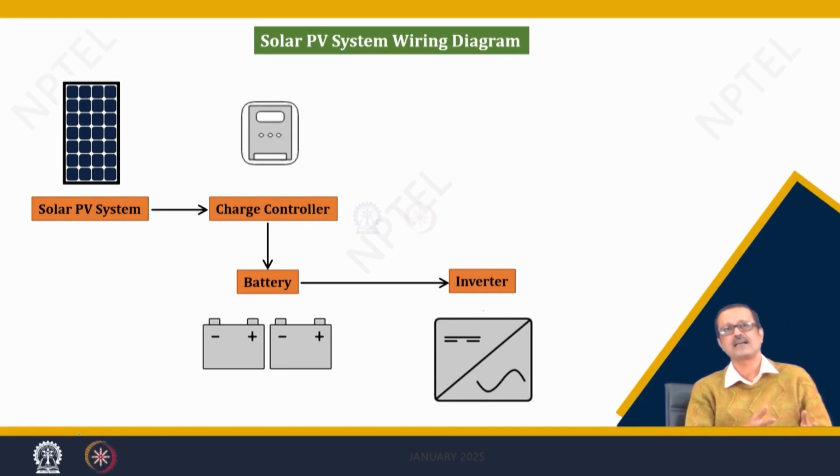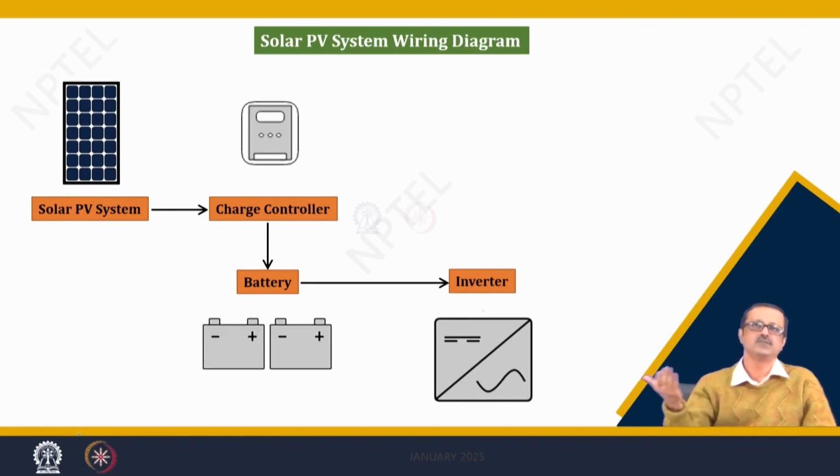So, whatever current comes from the battery is DC, and you have to invert it to AC. That is why you need an inverter, and then you can use it for alternating current applications.